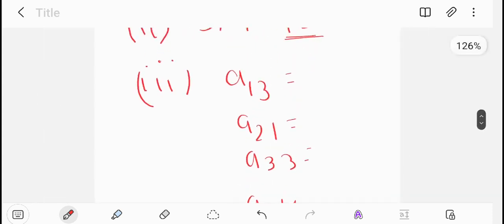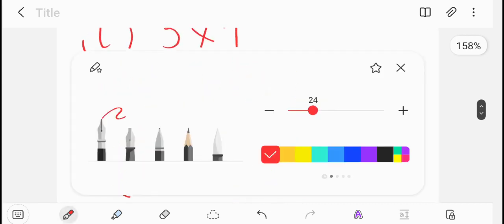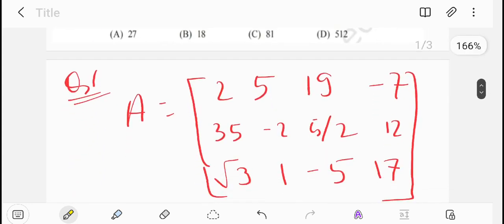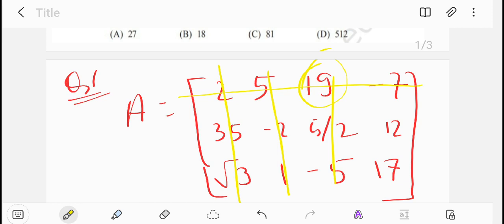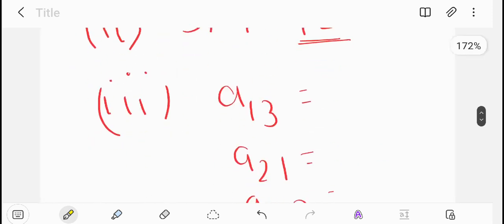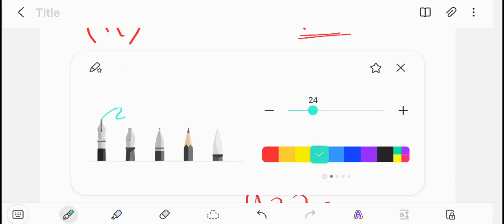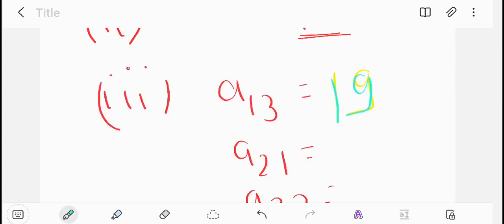So one by one, let's see what A13 is. A13 basically says first row and third column: first, second, third. This is the element A13, which is nothing but 19. I hope it is much clearer now.